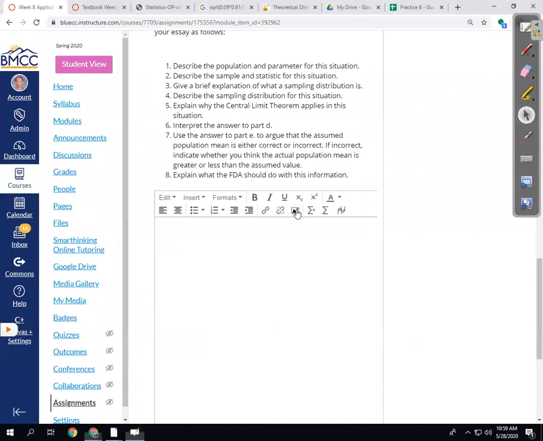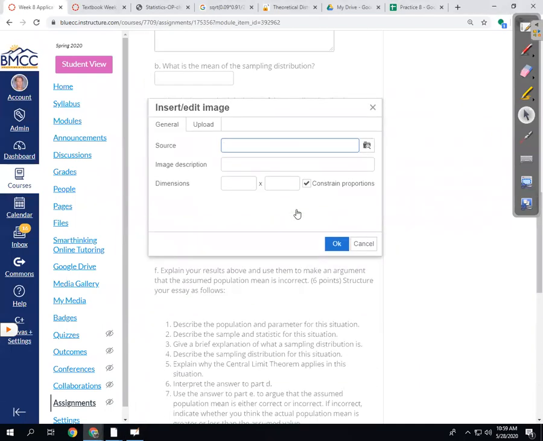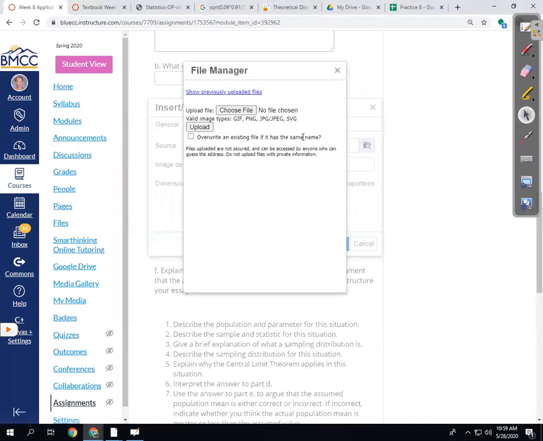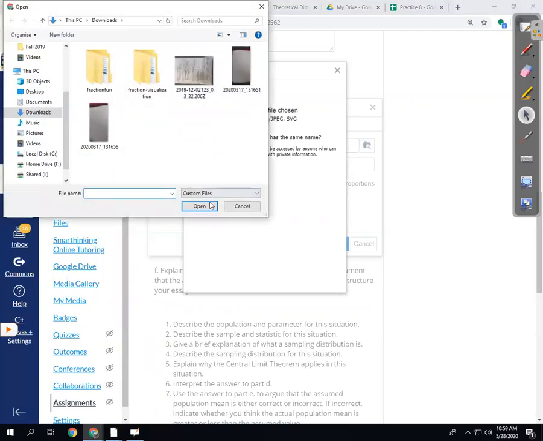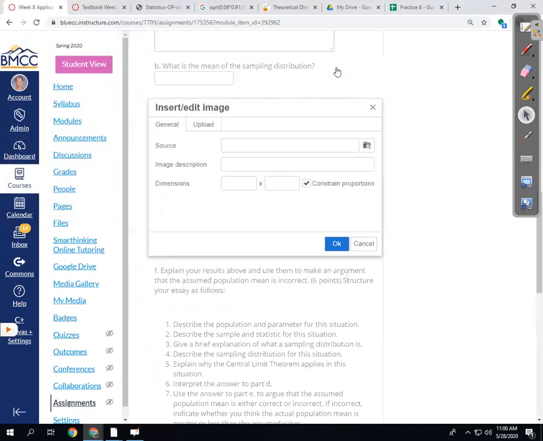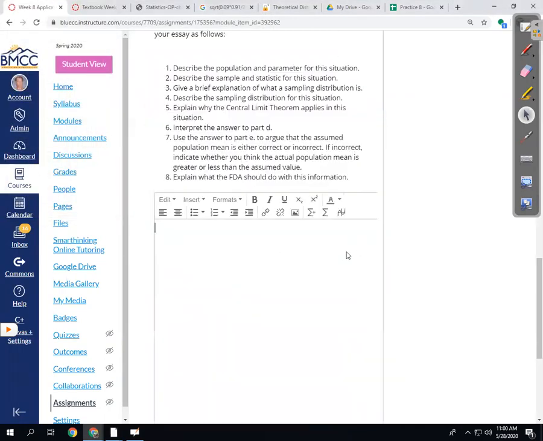Then you can use the upload image to get that off of your computer once you send it to yourself. I don't have that right here, but that'll put the picture right inside. You could put it in between 2 paragraphs if you wanted to.